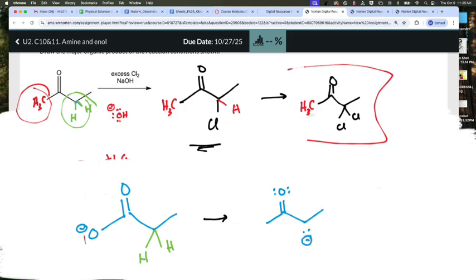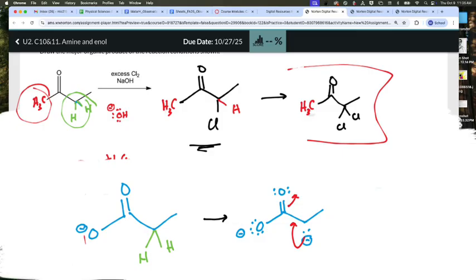Do I have resonance for that conjugate base? Can't I do resonance to stabilize it? Yeah. But what is different about this product that we didn't get with all the other ones?